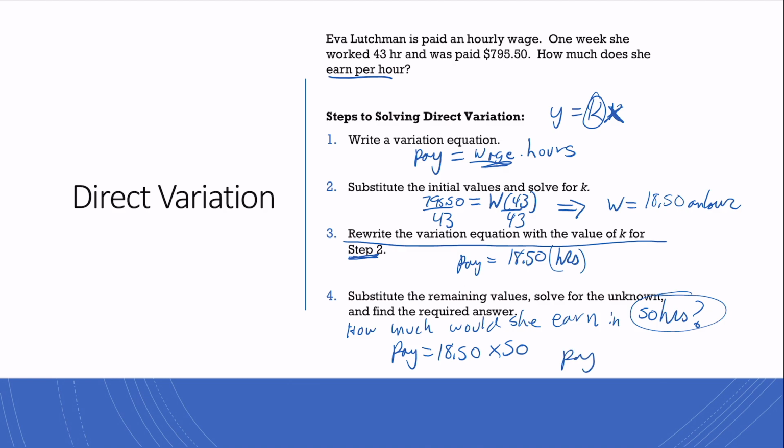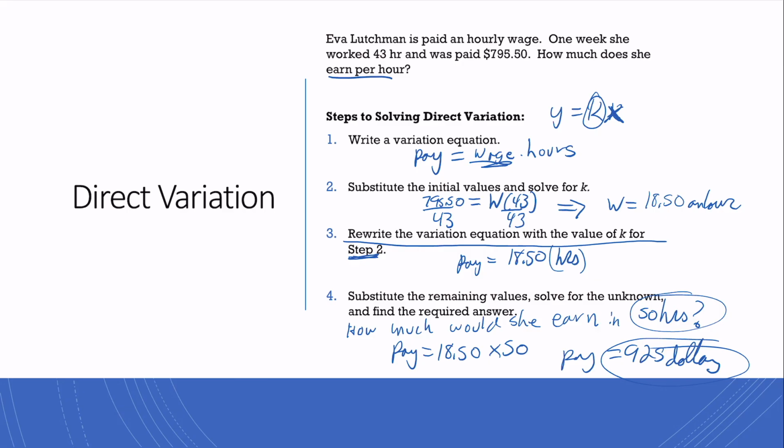So our pay would be, and of course I didn't work this out in advance, $925. Okay? So that's what I mean by substituting in to solve for the unknown.